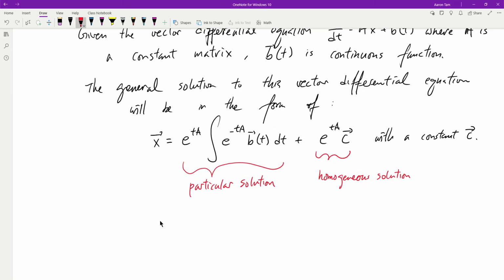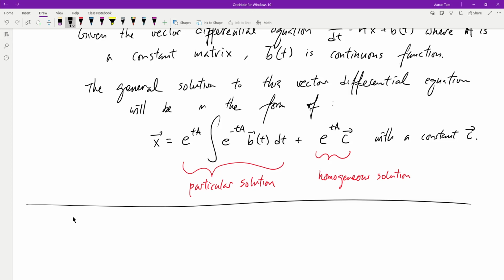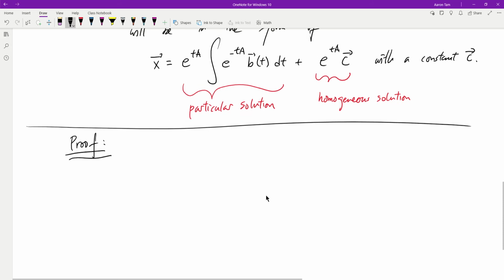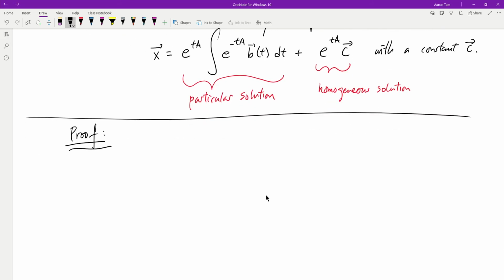Now, the big question is, how does this formula come about? Let me show you a simple proof. Well, actually, it's not that simple to write out the entire proof, but I'm going to try. I want to prove to you that the particular solution has to be in this form, because you already know the homogeneous solution from 13.2.